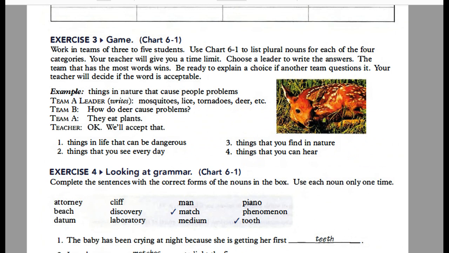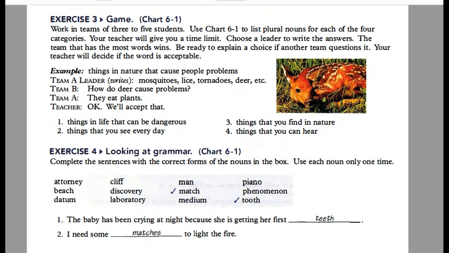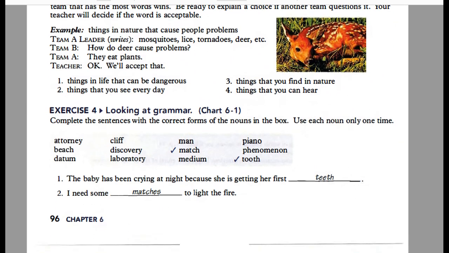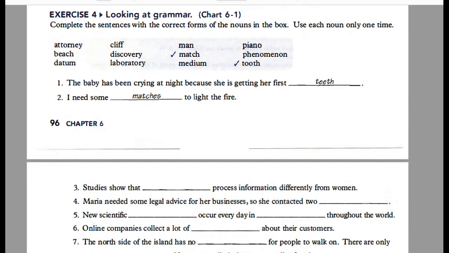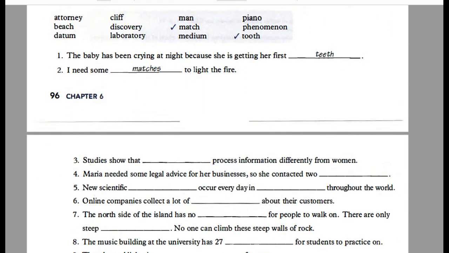We have to answer this question. This question is nice to answer, and I will also try to share one answer with you. Like here, the baby has been crying at night because she is getting her first teeth. I need some matches to light the fire. Studies show that a process information differently from women.